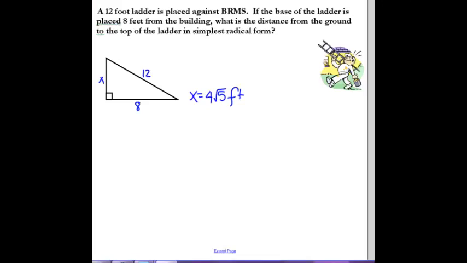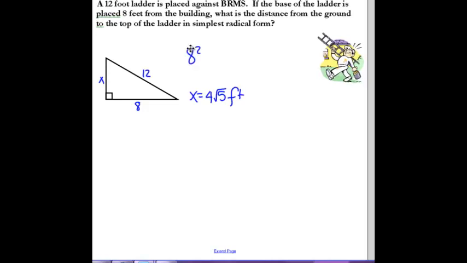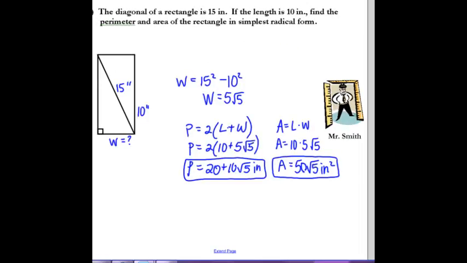In this case, you had to set up your unknown as x squared plus 8 squared equals 12 squared. So that's actually a subtraction problem, 144 minus 64. In number 3, I got the width to be 5 radical 5, which gave me a perimeter of 20 plus 10 radical 5.